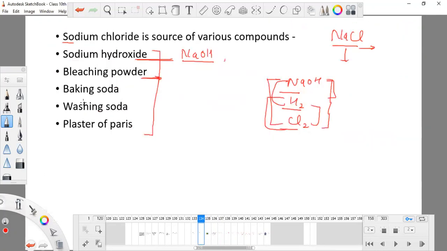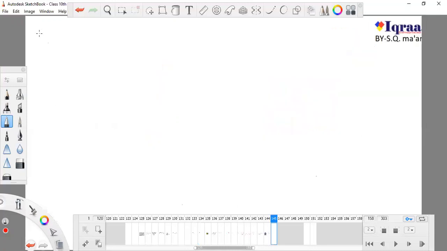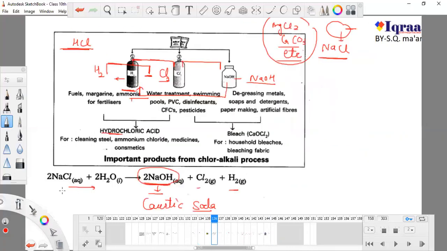Now we are going to learn about the second type of salt, which is baking soda. We know that we are producing all these things from sodium hydroxide, hydrogen and chlorine, which we obtain from the chloralkali process.